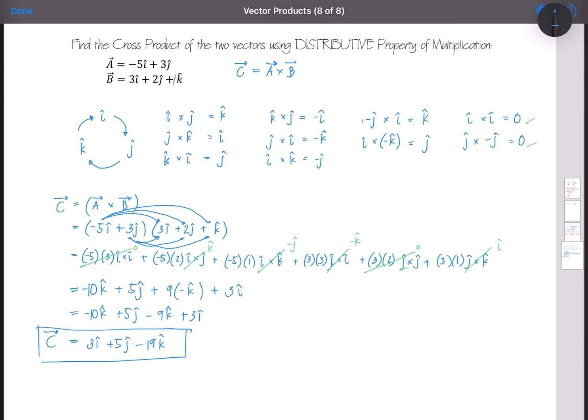In our example, the first vector is not yet complete: we have just negative 5 i hat and then 3 j hat. What if we have a complete set of unit vectors? This would be longer. But anyway, we arrive at the same answer. This is just to show our supplementary example and how to do the distributive property of multiplication in unit vectors.